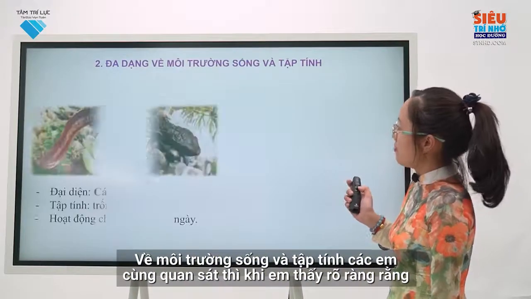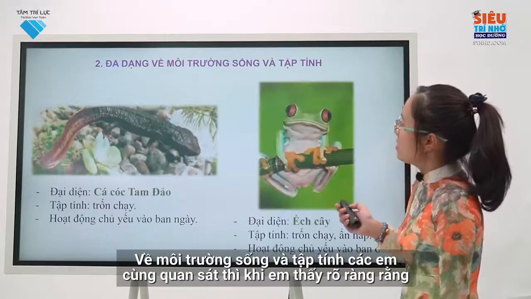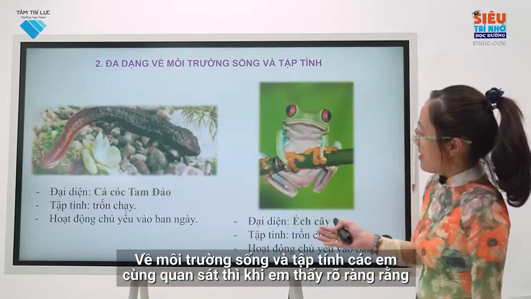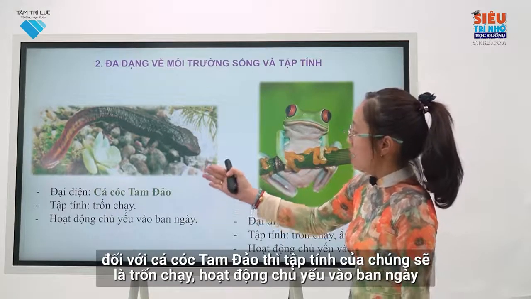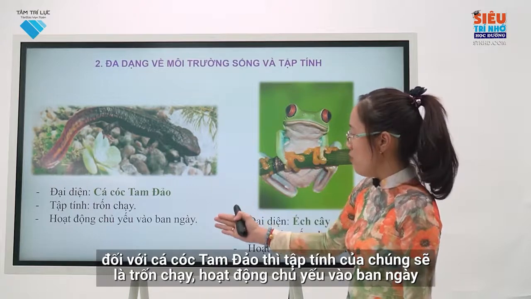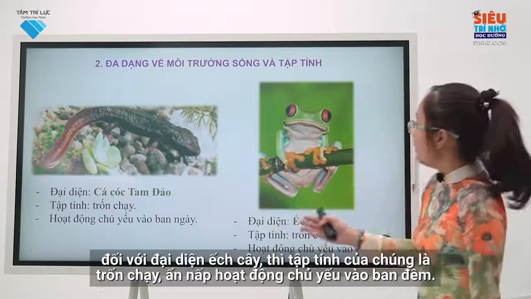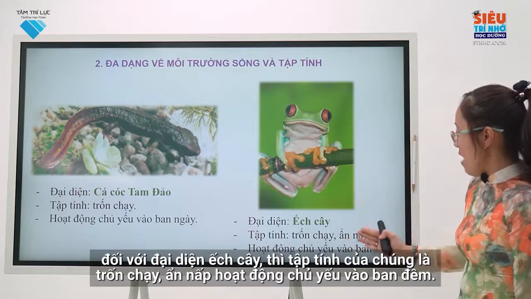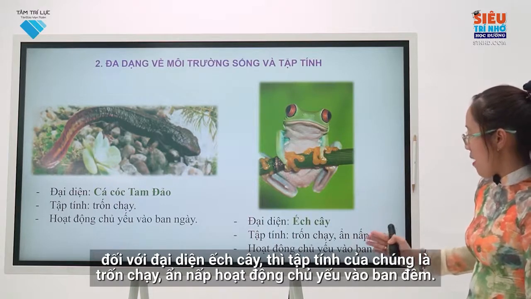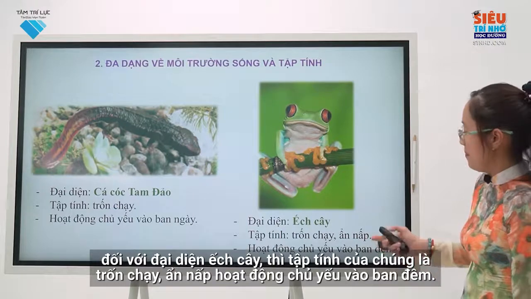Regarding the habitat and behavior you observed, it is clear that the tam dao salamanders' behavior is to run away, operating mainly during the day. For representatives of tree frogs, their behavior is running, hiding, and being active mainly at night.